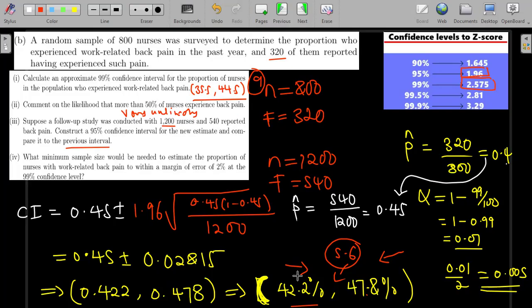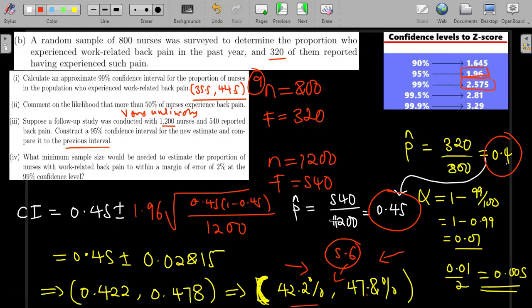Why? Because the n increased from the 800 that it was initially to 1,200. So that's the first comment that we can make. And then we can also say that the point estimate increased, because here it was 0.4 and now it is 0.45. That's the second comparison.